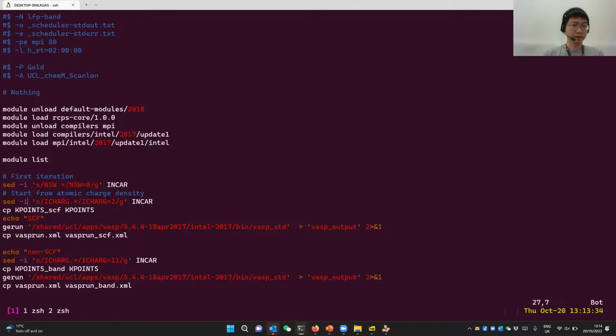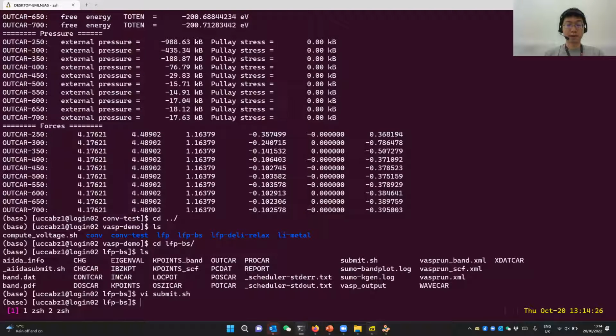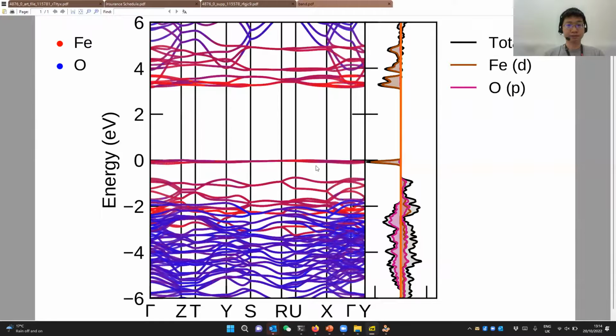Again, you have to change some settings to make sure VASP writes the charge density, and then you switch the K point from a grid to a specific path. This is the so-called non-SCF calculation. In this calculation, you don't update the charge, you just calculate the eigenvalues at each K point. And then you get the final information, and it looks like this.